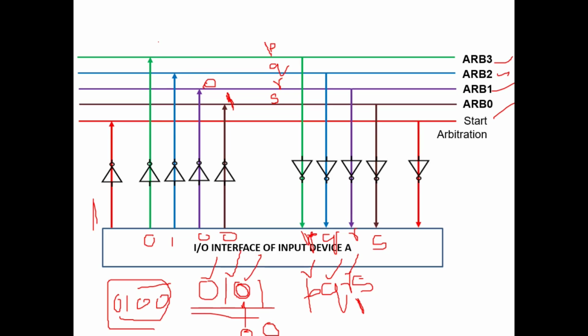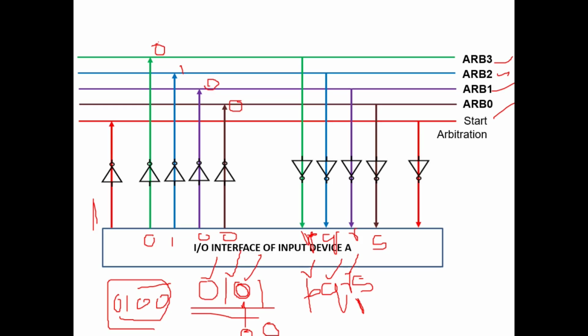All devices do the same thing. Whichever devices want to participate, they compare the ID values, change the ID if there is a difference in the bits, and place those bits on arbitration lines like this. So all the devices again place a new ID.